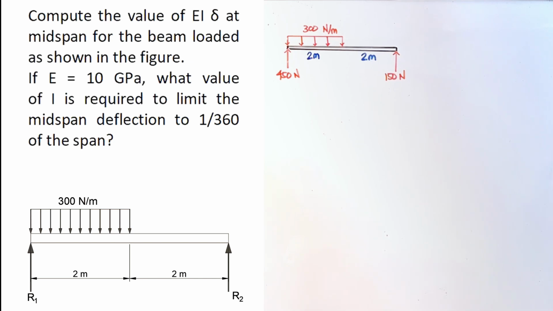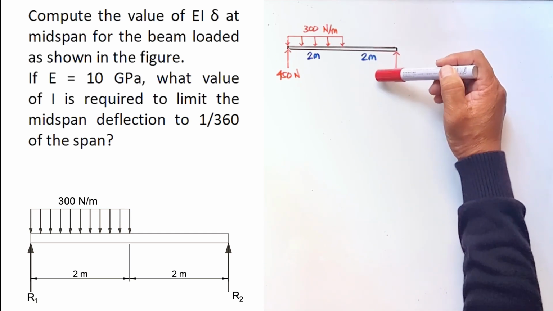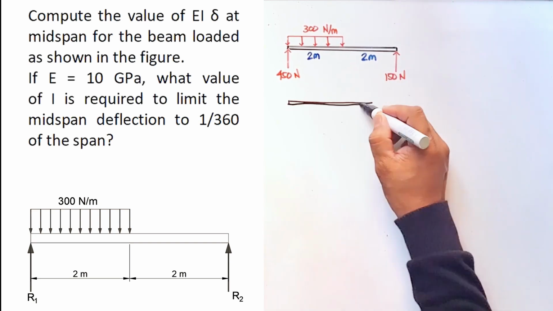We are going to solve this using double integration method. For double integration method, we will write the general moment equation. That is by cutting a section at the last segment and then writing the moment equation.